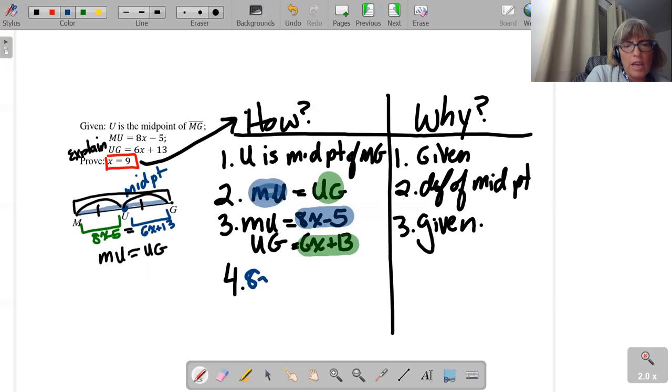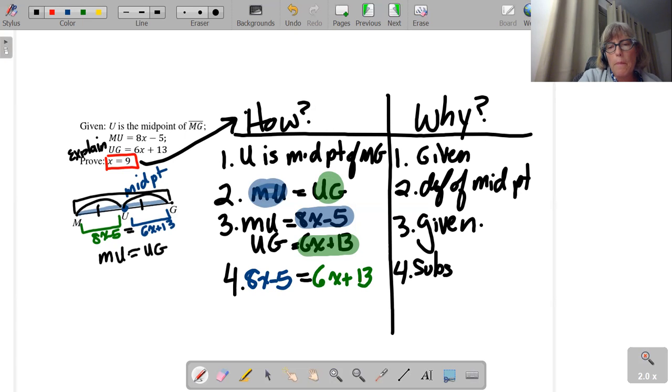So I have 8x minus 5 equals, and this is going to be 6x plus 13. You ask yourself, what's going on here? We swapped the segments out and we put in the algebra. So that's called substitution.